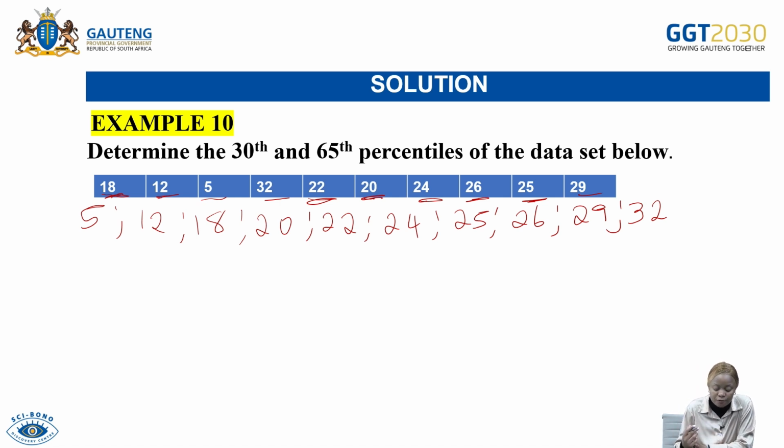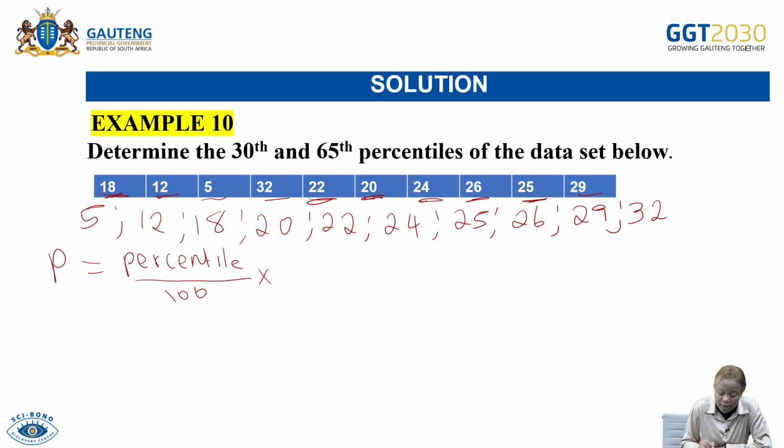Okay, so from there we need to find the position of our 30th and 65th percentiles. The position is equal to your percentile divided by 100, and then you multiply by the number of values in the data set. The percentile is given, so let's start with the 30th. You'll get 30 divided by 100, and then times the number of values, which is 1, 2, 3, 4, 5, 6, 7, 8, 9, 10.